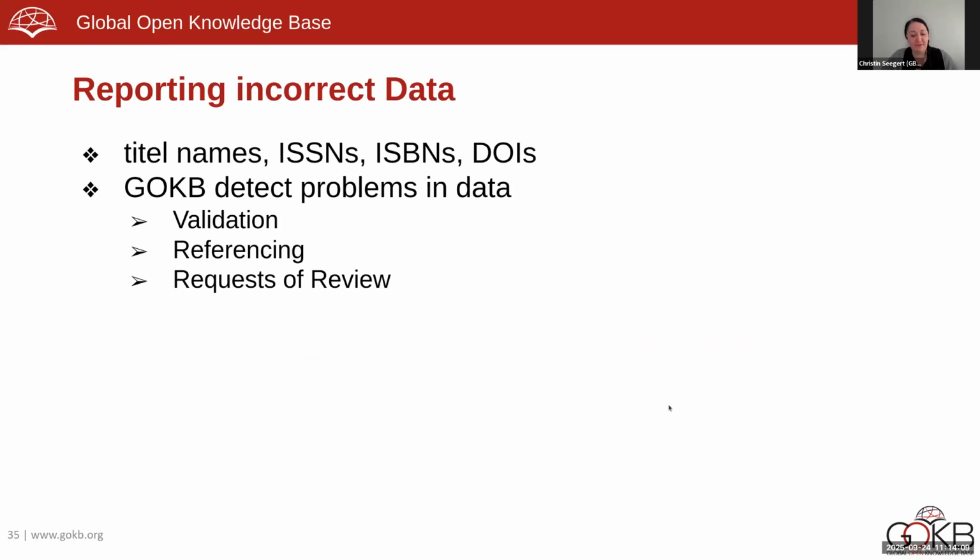Most conflicts concern title names, ESSNs, ISBNs, and DOIs. We have different tools to find incorrect data. For example, if one or more titles in a package have incorrect ISBNs, they'll be found during validation.